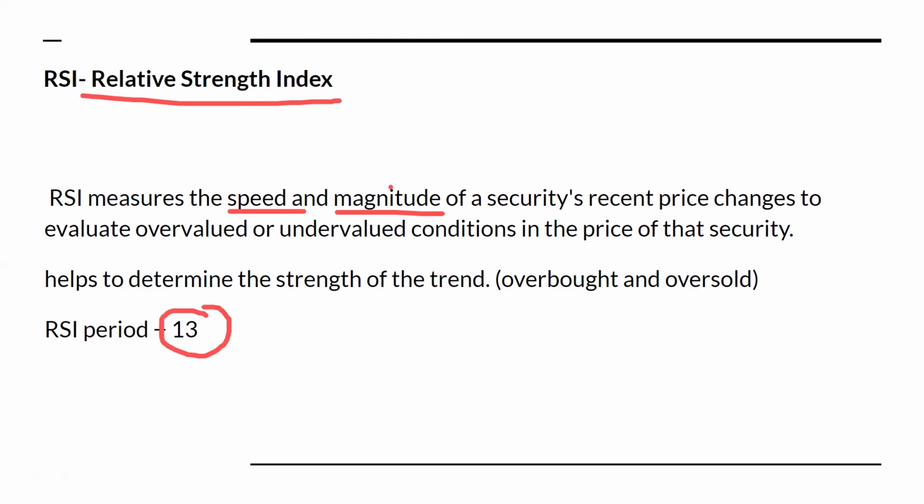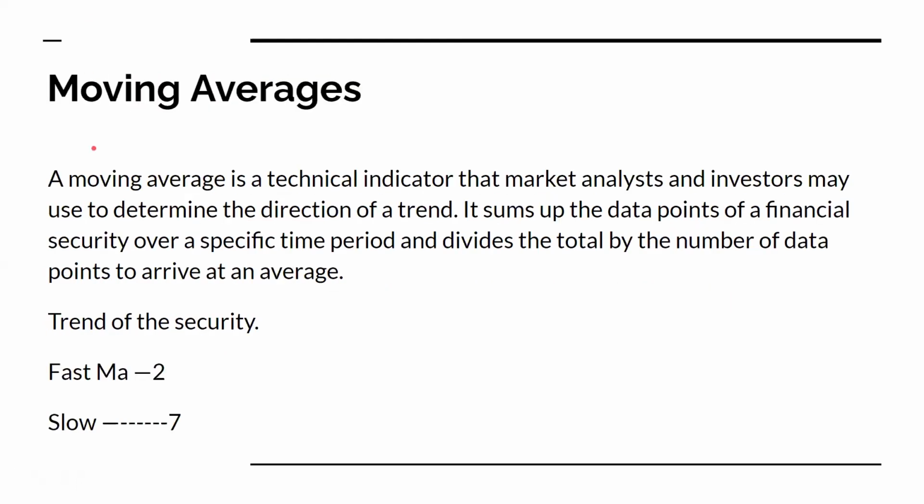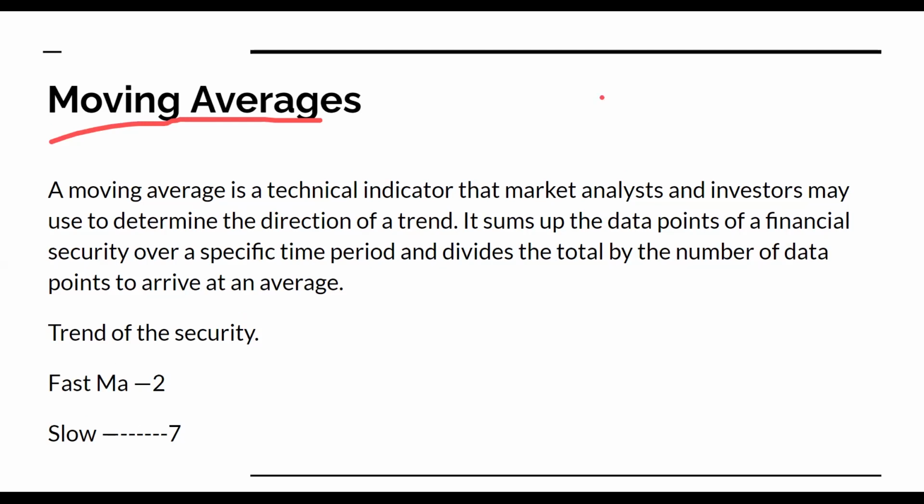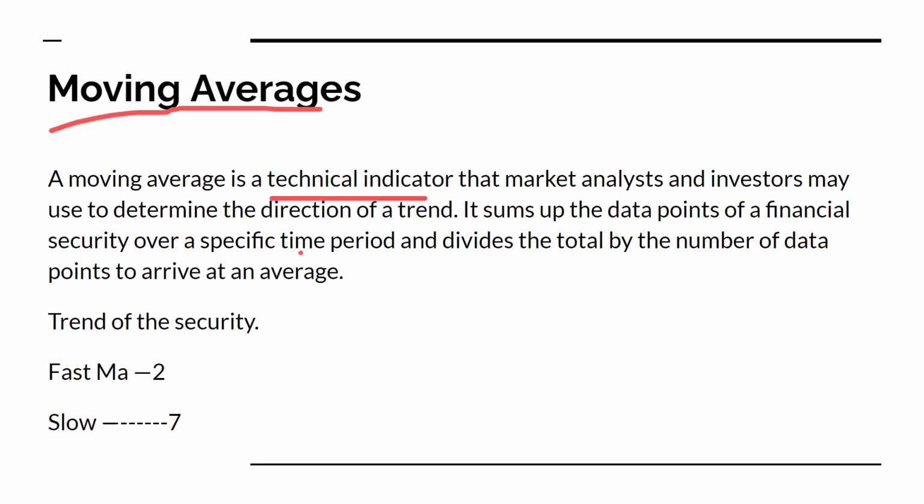Next slide. It's also made of moving averages. A moving average is a technical indicator. I know most of us know the moving averages. It's a technical indicator that market analysts and investors may use to determine the direction of the trend.